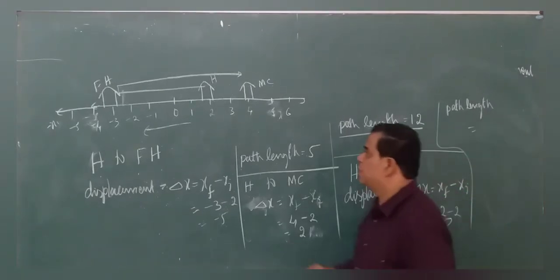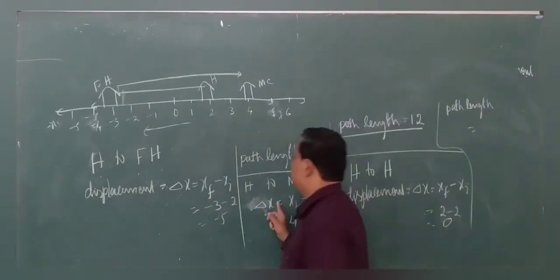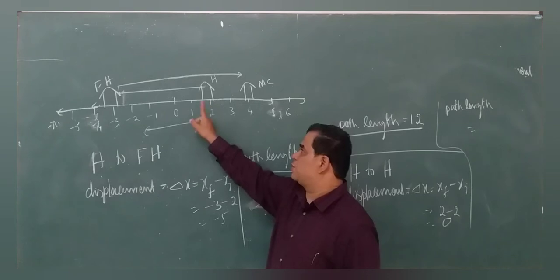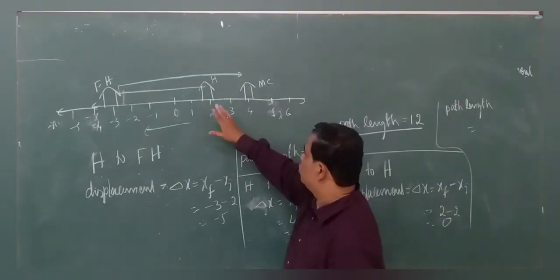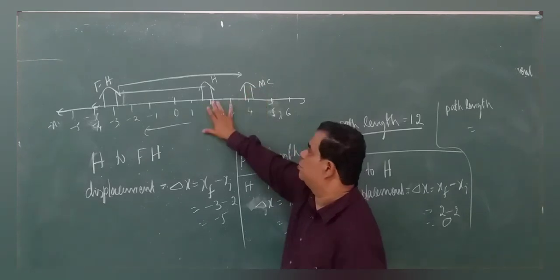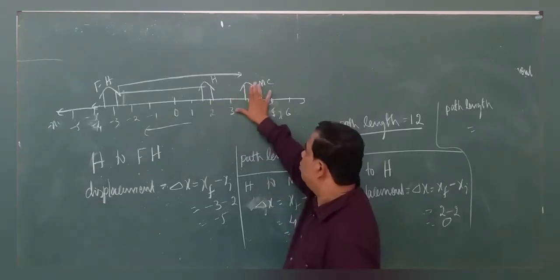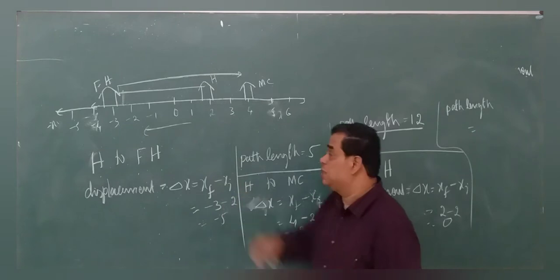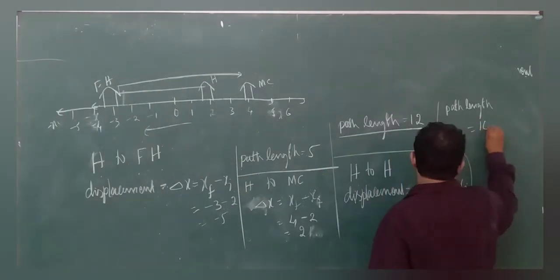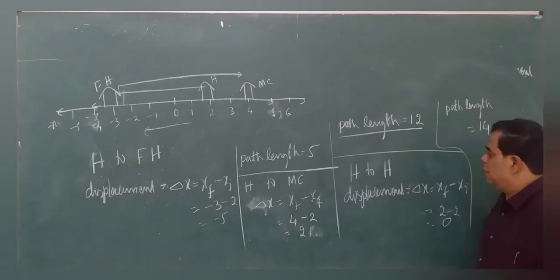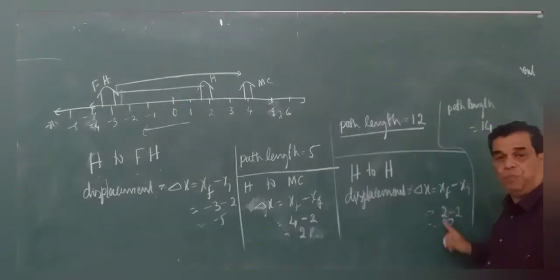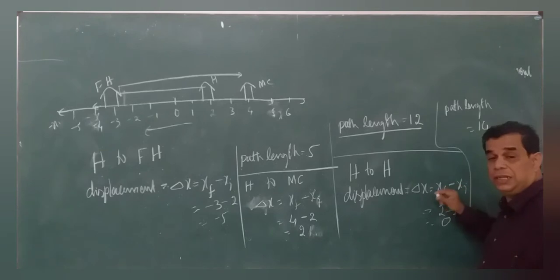Just now we counted that house to friend's house and back to college is 12. Now we count 2 more. Once you leave the college and go back to house, that means 13, 14. So your path length is 14 now for the house to house journey. That means displacement is 0, path length is 14.